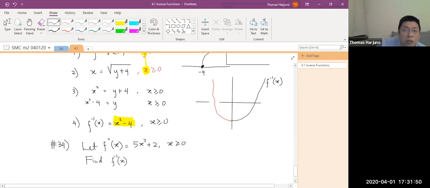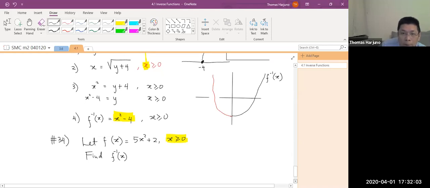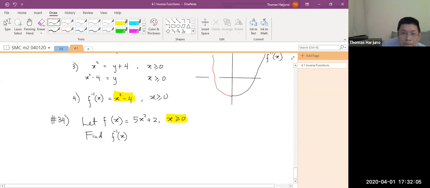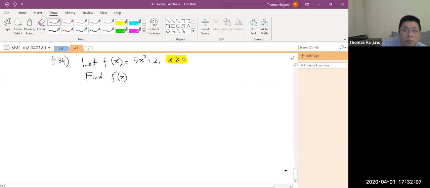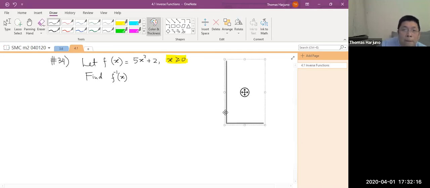Now the question is, they already give us a function, why do they need to tell us this thing? Well, it has something to do with the fact that the function 5x squared plus 2 is not one-to-one. It is not one-to-one.